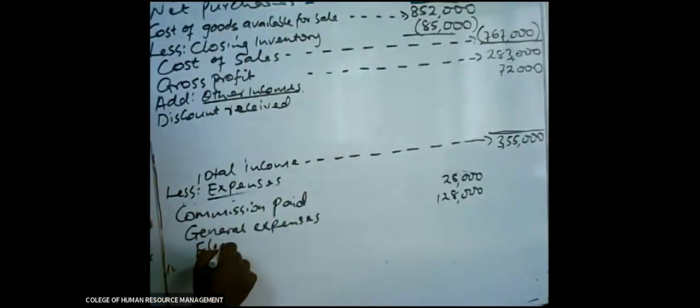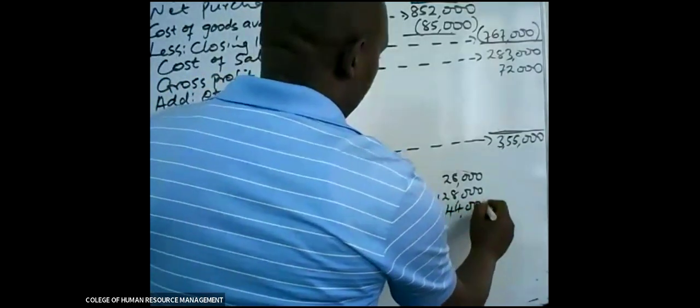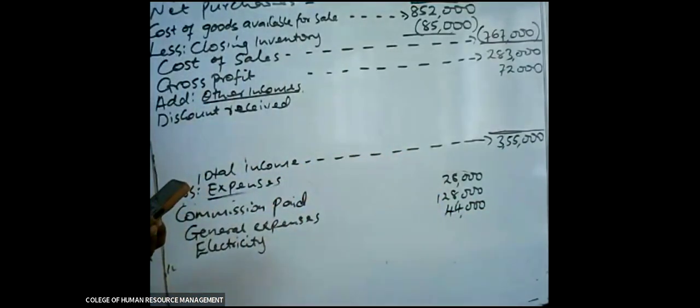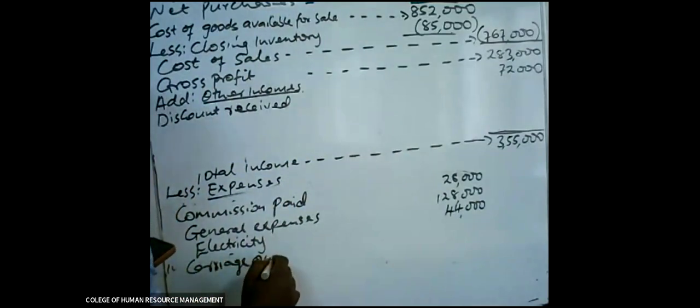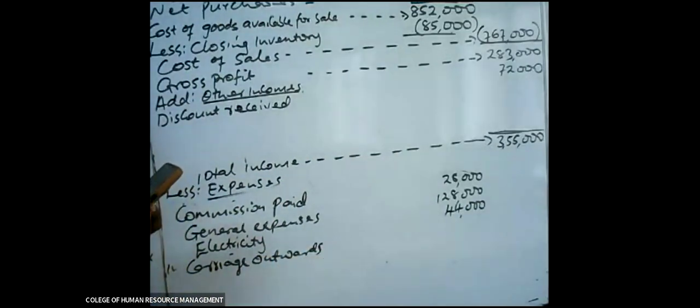Electricity, 4,000. Carriage outwards, 40,000.